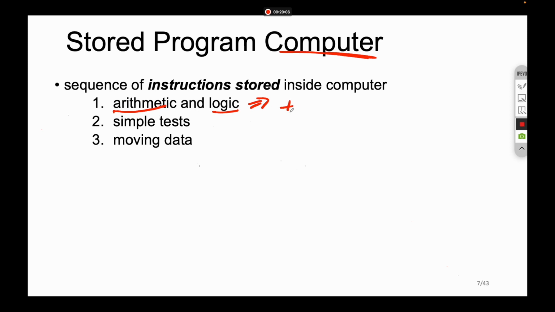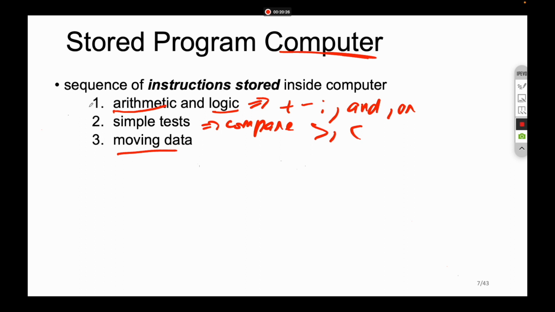For example, we have plus, minus, divide, and for logic we have AND, OR, and so on, and then they can compare, for example greater or smaller. And the next one is moving data. We will talk about moving data later.